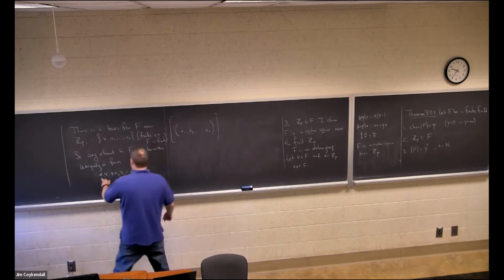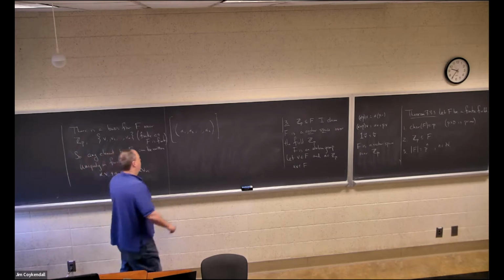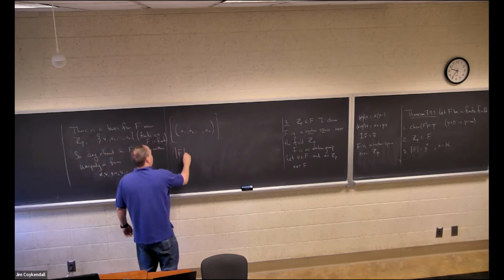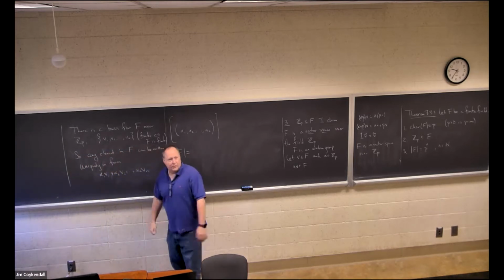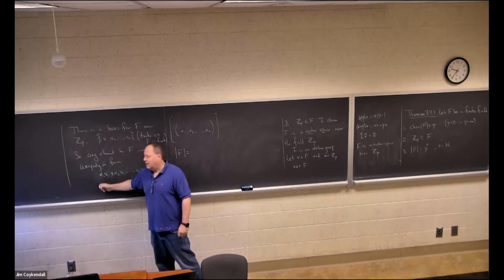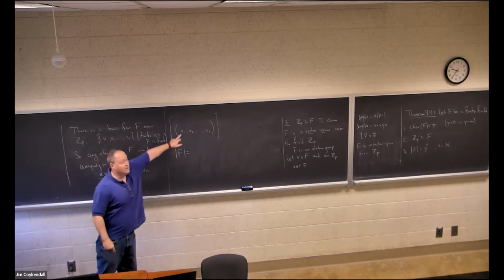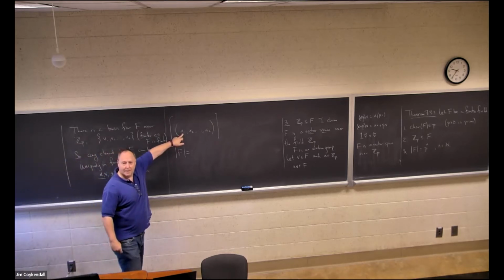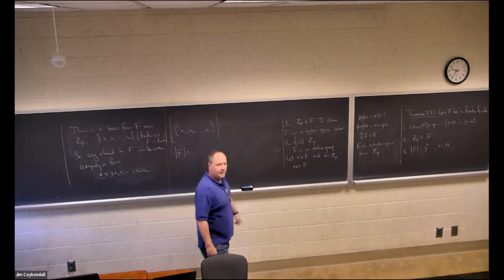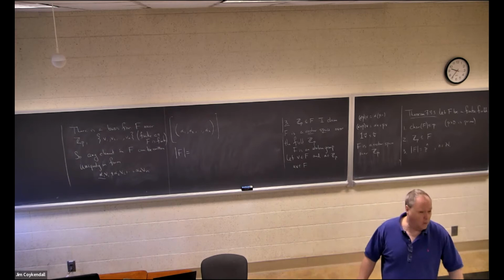The choice of the alpha i's uniquely determines this. So how many elements are in F? Ask yourself, how many choices do I have for choosing the first entry here? Where do the alpha i's come from? They come from Zp, right? That's the field that we're over.